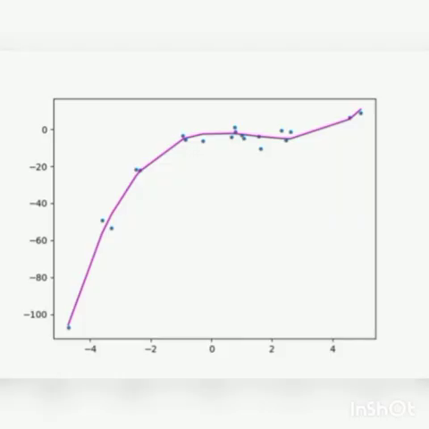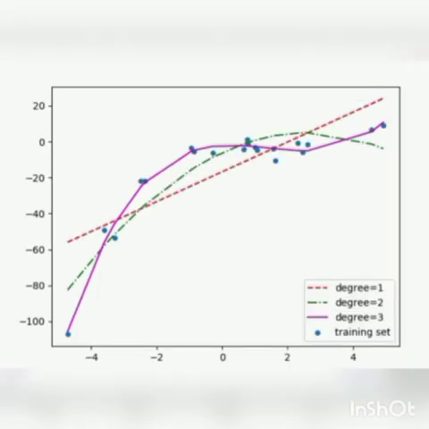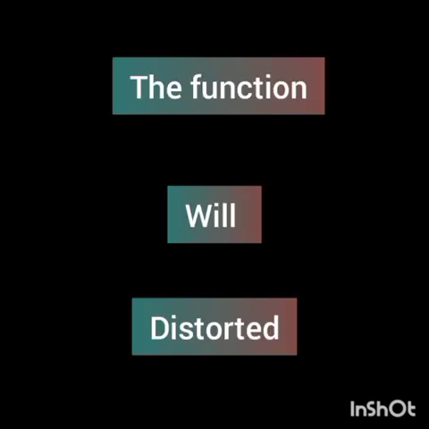The end result should be that the model fits the training set well, but it should equally perform on test data. There you will get an idea of which kind of equation to fit, whether a quadratic polynomial or cubic or fourth degree. Beyond that, actually the function will be distorted.